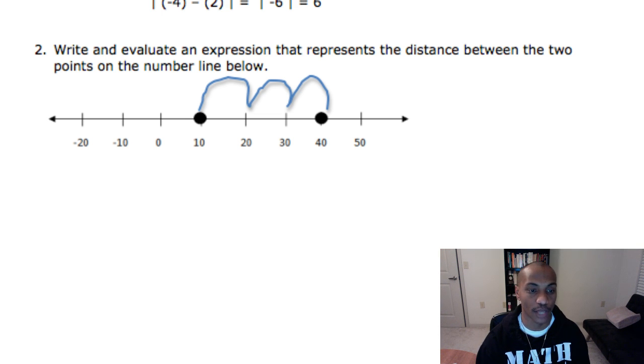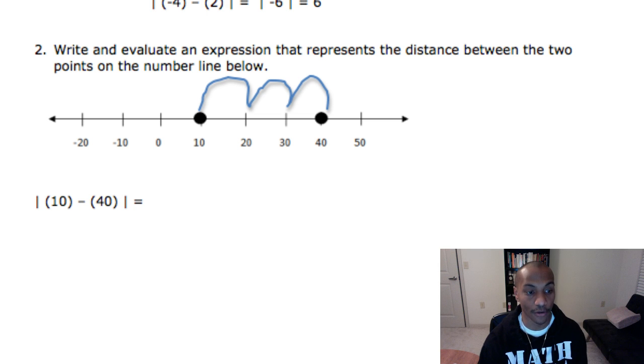Let's confirm that by using our formula. Again, we're going to find the absolute value of the difference between the 2 points. My first point is 10, and I'm finding the difference between the 2 points, so I'm subtracting 40 from it, and I'm doing the absolute value of that.